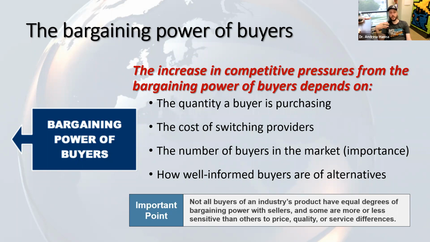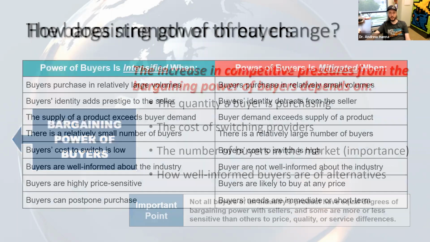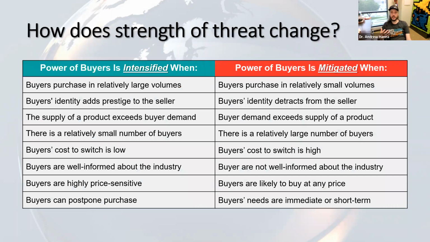So this is why it's important that we understand who our buyers are, what's important to them, and what will lead to them having increased or decreased bargaining power over us about how much we can sell our stuff for. So here is another great list of situations that may intensify or mitigate this specific threat.